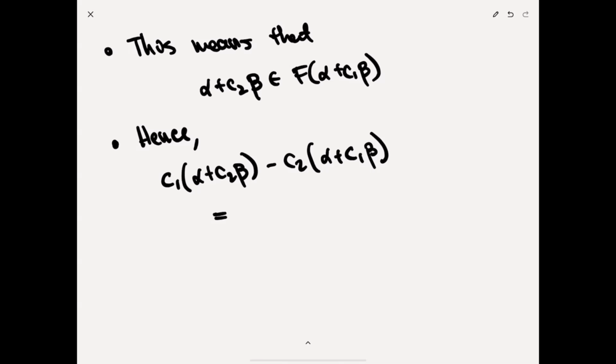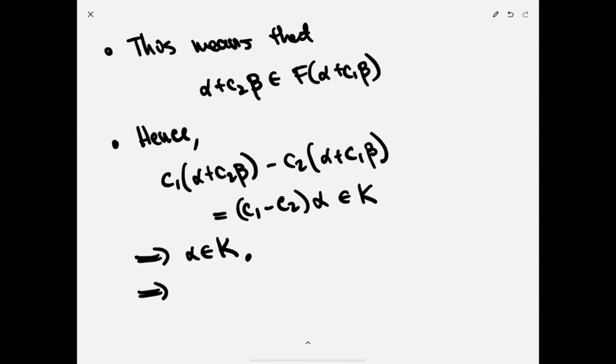Then this thing becomes C1 alpha minus C2 alpha, and they just cancel, and that's all you get. So this shows that this is in K. And since C1 is not equal to C2, this proves that alpha is in K. And by computation, this also proves that beta is in K.